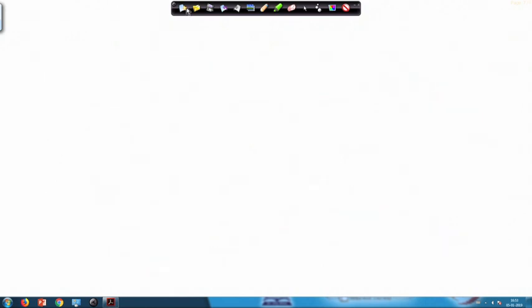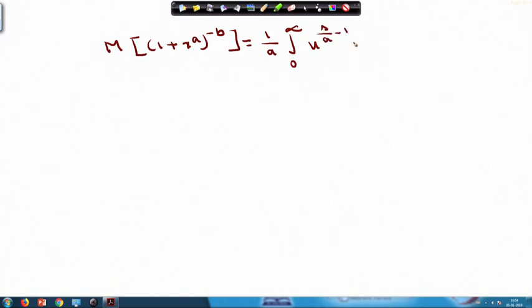I am rewriting this in the next one, so that you can understand it in a better way. So, the Mellin transform of 1 plus x to the power a to the power minus b equals 1 by a, integral 0 to infinity of u to the power s by a minus 1 into 1 plus u to the power minus m plus s by a into du, where, if you recall, we have assumed m plus s by a equals b.